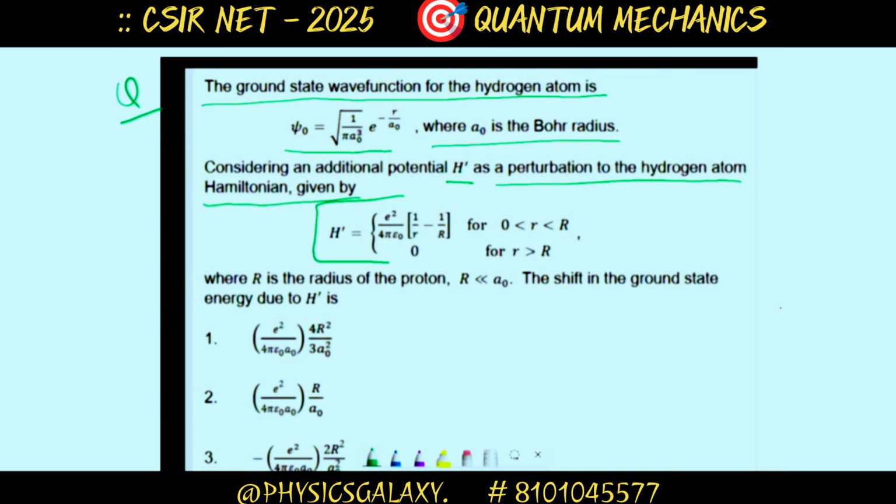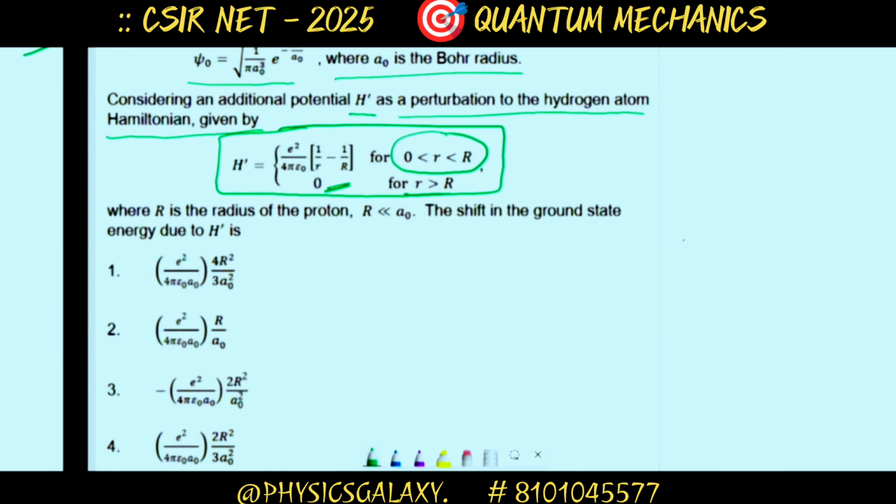So this is our perturbation. The perturbation is applied only from 0 to capital R. When r is greater than capital R, there is no perturbation. Capital R is the radius of the proton, which is very much less than a naught, the Bohr radius.